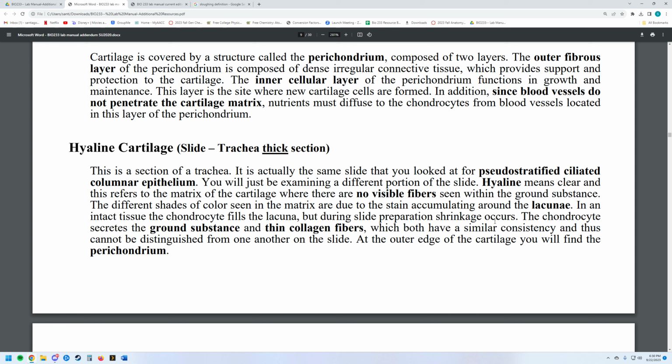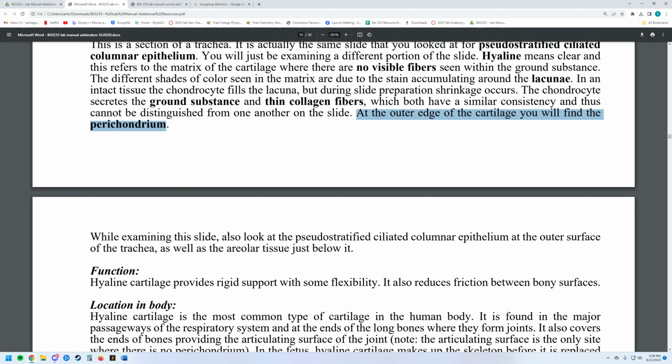In an intact tissue, the chondrocyte fills the lacunae. But during the slide preparation, shrinkage occurs. The chondrocyte secretes ground substance and thin collagen fibers, which both have similar consistency and thus cannot be distinguished from one another on the slide. At the outer edge of the cartilage, you will find the perichondrium.